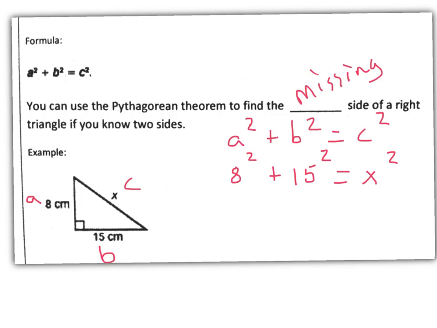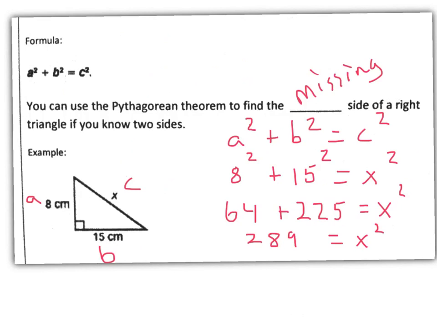So 8 squared is 64, and 15 squared, it may not be something that we know by heart, but 15 squared is 225, and that's going to equal x squared. So 64 plus 225 is 289. So 289 is going to equal x squared.